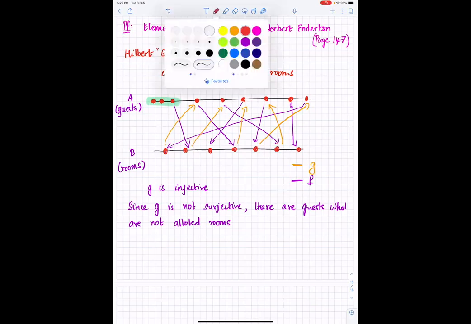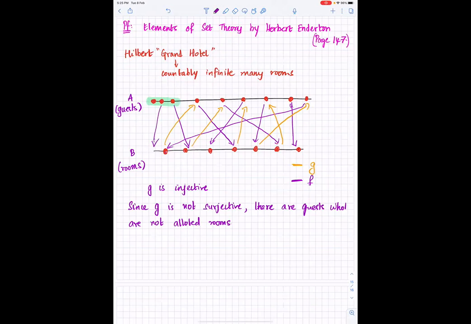So what do you do to them? Can someone say what we should do, in the most natural way? I know that this set of people don't have rooms as per the function g, but I must allot rooms to them. Use f. Yeah, so you have to use f to allot rooms for them.